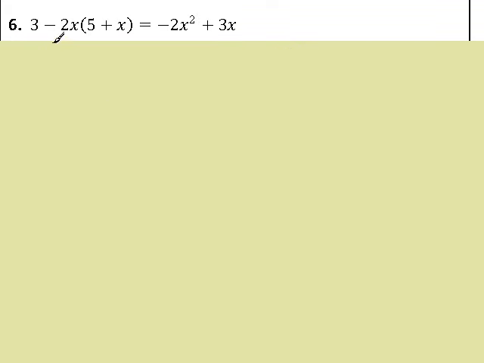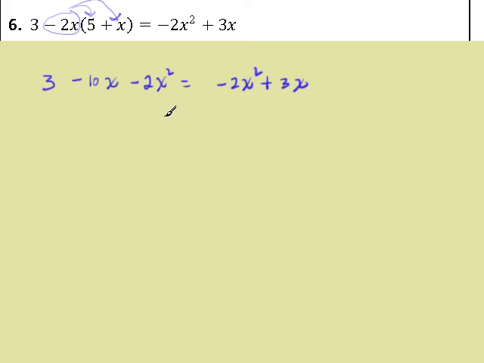In number 6, let's start by opening these parentheses. All right, so we're going to multiply through by minus 2x. Right here and here. So we have 3, and here we have minus 10x, and here we have minus 2x squared is equal to minus 2x squared plus 3x.